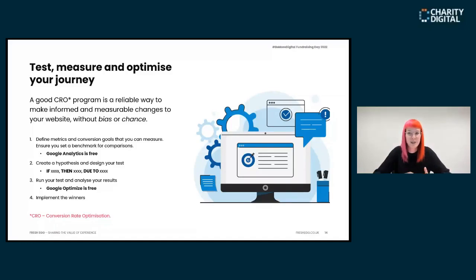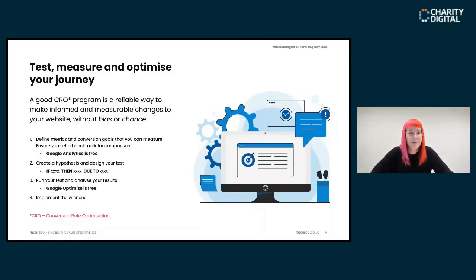So for example, if a donation button is added to the home page header, then entry into the donation funnel will increase due to the decreased mental load on your users while they're searching around for the place to donate. It's a really simple one.